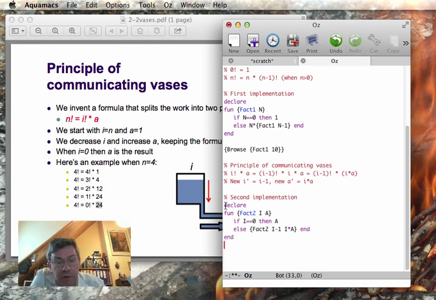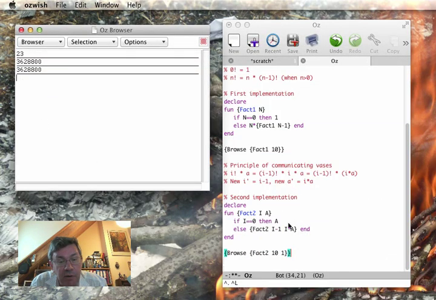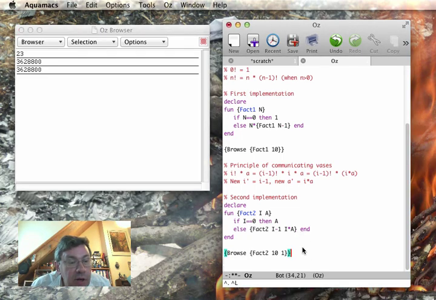So let me feed this definition to the system. And now let me do the calculation. Note that we have to give two arguments. So the initial i, which is the 10 that we want to calculate, and an initial 1 for the a. And now we calculate this. Let me move the diagram out of the way. We see here a second result, 3,628,800. So this, again, is the factorial of 10.